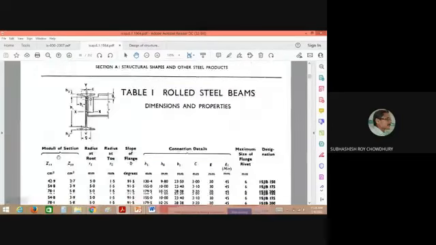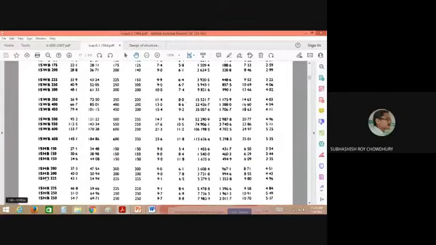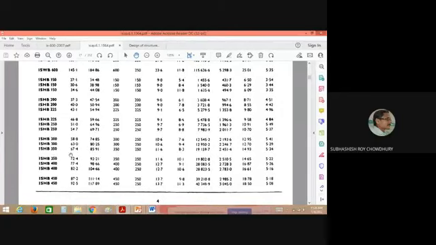Then ISWB is Indian Standard Wide Beam Sections, and ISHB is the Indian Standard Heavy Beam Sections. So these are the 5 different sections: ISJB, ISLB, ISMB, ISHB, ISWB.